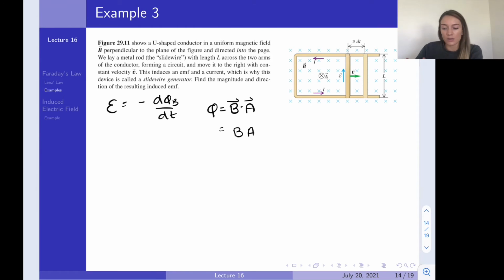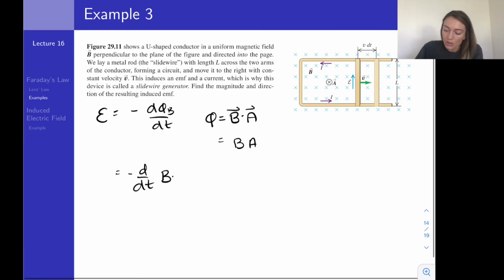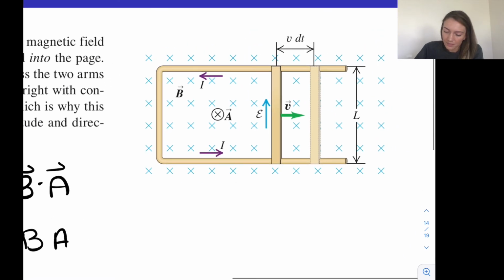So let's figure out how to write a formula for our changing area. So we have negative d dt. The magnetic field stays the same. And then our area. So let's write our area. We can draw a little coordinates here.